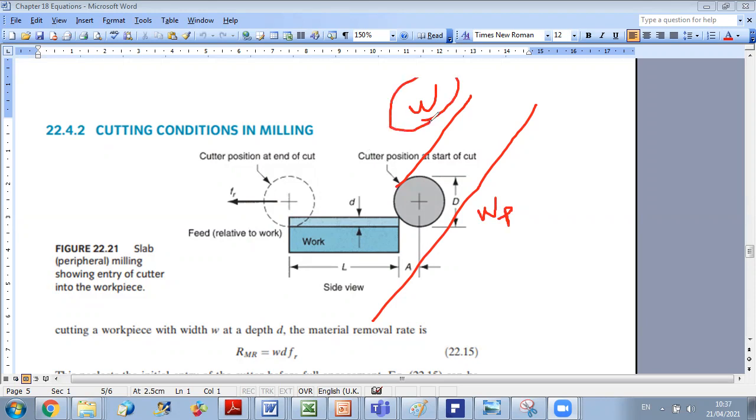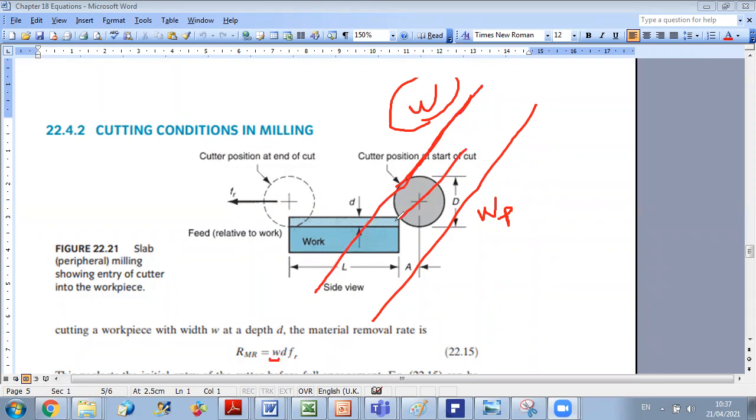Okay. Now, in case I have the opposite scenario, in case the width of the cutter is larger than the length of the work part, surely it will only remove the length of the work part. Imagine the width of the cutter is bigger than the width of the work part. Surely I will not multiply by the width of the cutter.